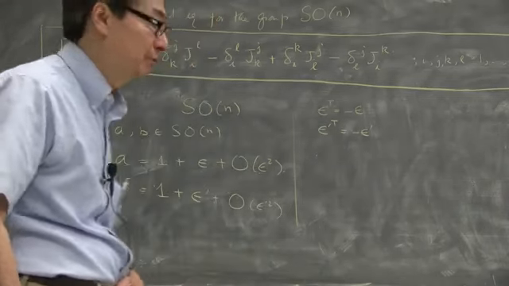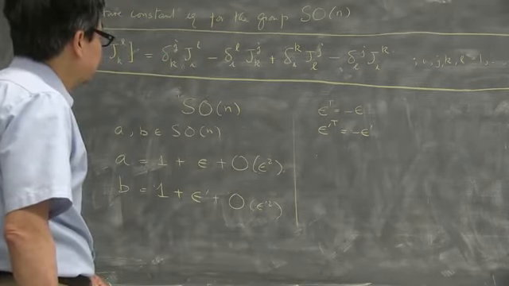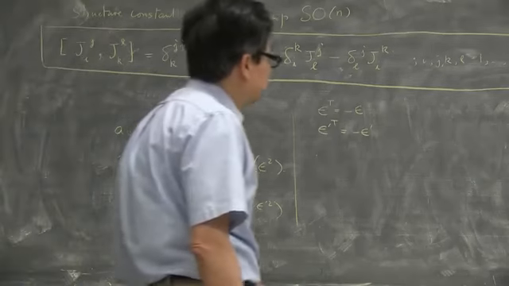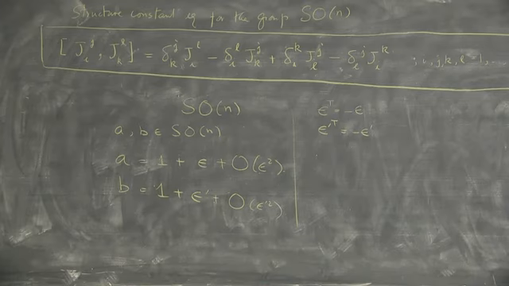Pick some group homomorphism, which means a group representation, which means it's a group homomorphism between the original group SO(n) and the group of big N by big N matrices considered as invertible operators acting on a big N dimensional linear vector space.